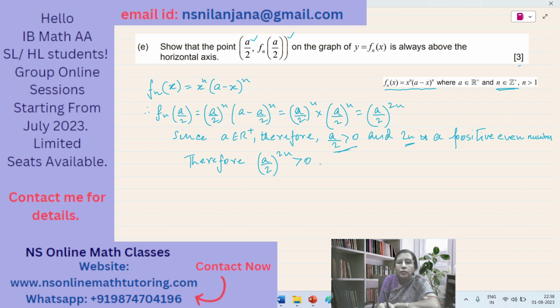Okay. So if fn of a over 2 is greater than 0, that means if it is equal to 0, y equal to 0 means it is on the x-axis. Y is a negative number means it is below the x-axis. Y is greater than 0 means it is above the x-axis or above the horizontal axis.